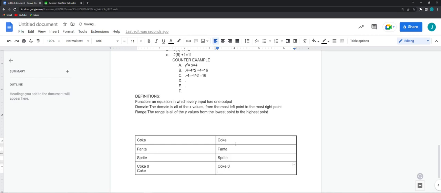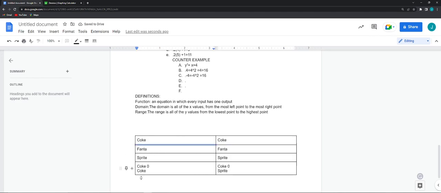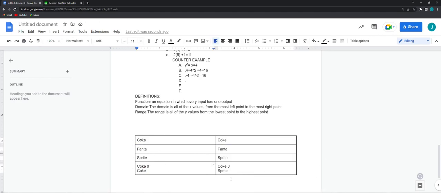But then on this last one, what we get is Sprite. So we see that we click Coke once, we get Coke, but the other time we click Coke, we get Sprite. So it would not be a function, because for the input of Coke, there's two different outputs.